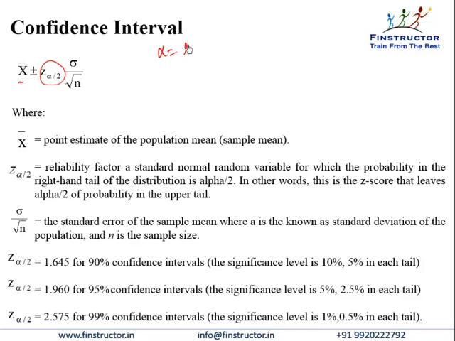Alpha is the level of significance. It is equal to 1 minus the confidence level that we want to have in our estimate. So if alpha is 5%, that means the confidence level will be 95%.